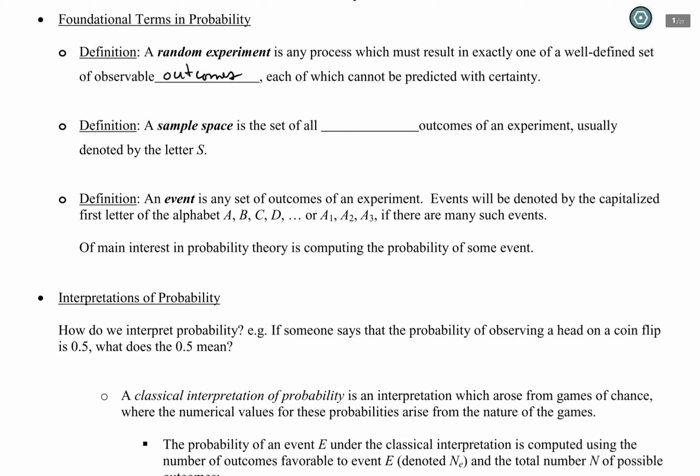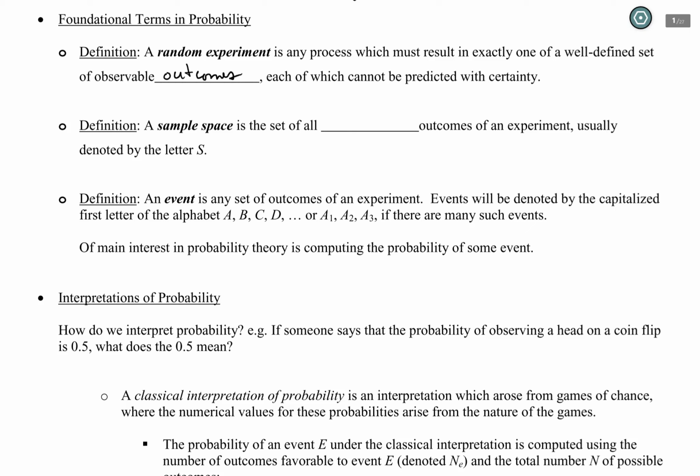So tossing a six-sided die is an experiment. Tossing a coin is an experiment. Checking to see if a person has a particular disease from a diagnostic tool, that's an experiment. We don't know what's going to happen, and so that makes it a random experiment.